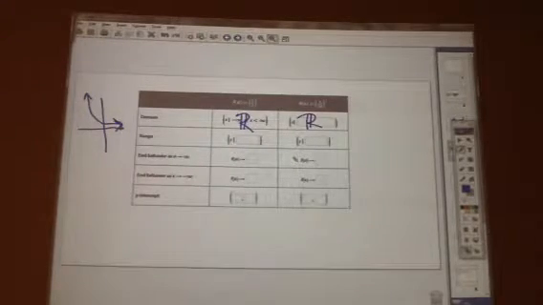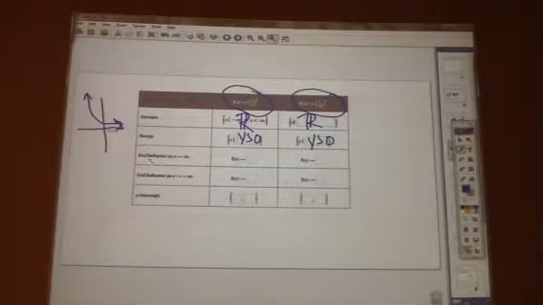Domain is all reals. 1 over 2 to the x, what is the range? Y is what? Greater than 0. How about 1 over 10 to the x? Y would be greater than 0. Same thing. These are like parent functions. Only the base changed.